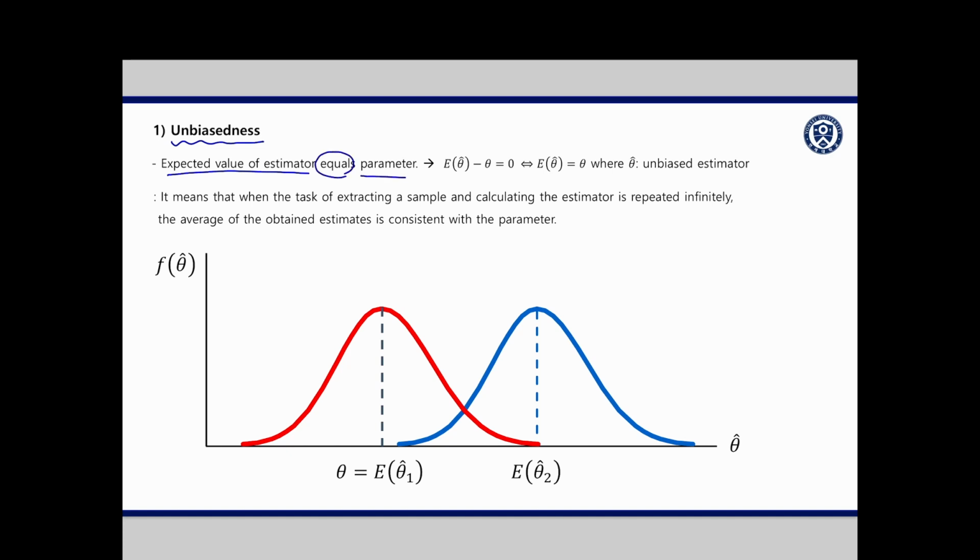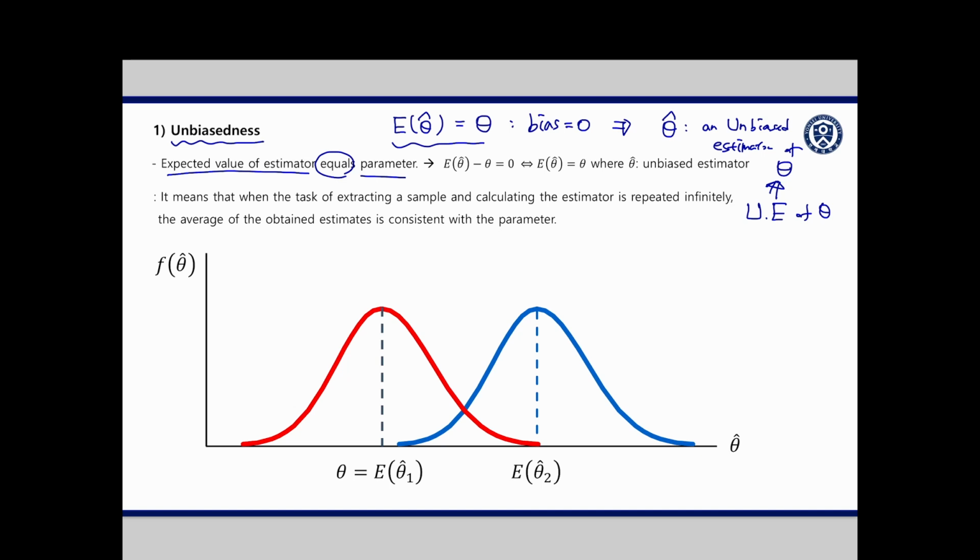So if the expected value of an estimator is theta, that is, when the bias equals 0, then the estimator is called an unbiased estimator of theta, UE of theta for short.